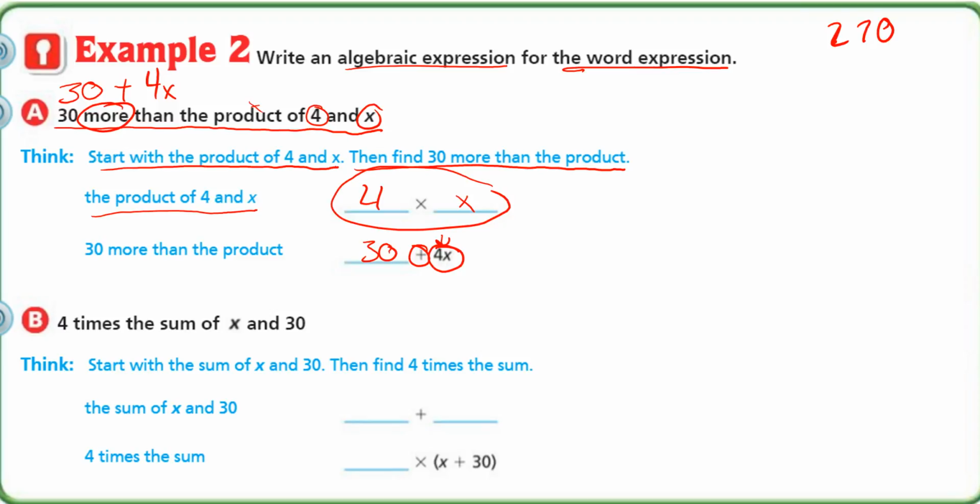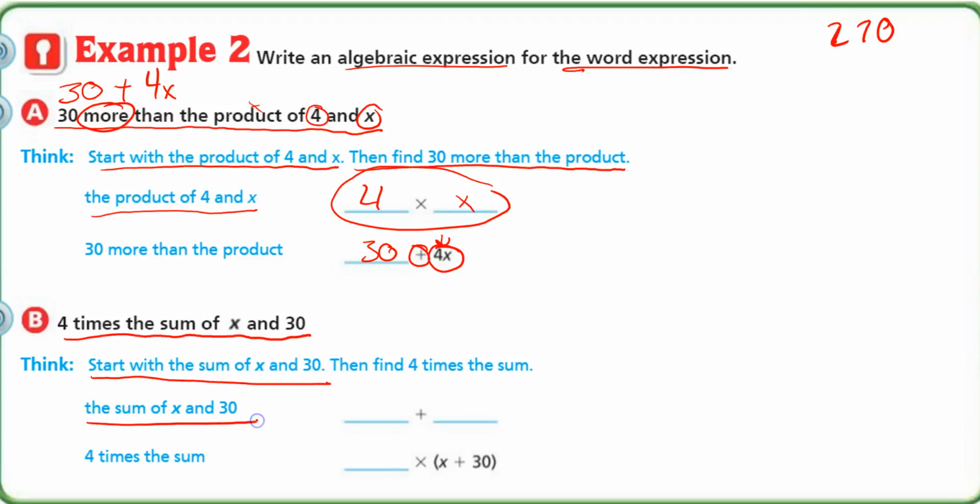Part B, 4 times the sum of x and 30. Now, I'm going to show you how they're doing it, but I prefer to do it a different way, actually. It's my own personal opinion, but I'll show you both ways, and you can decide. So their method says start with the sum of x and 30.